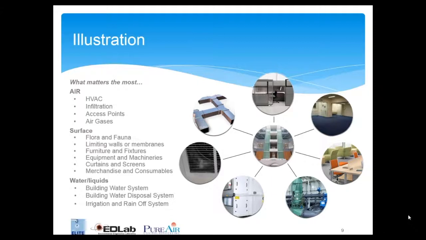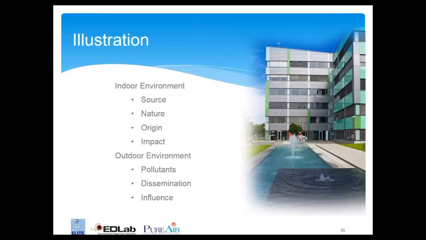The water, liquid, etc. include the building water system, the building disposal system, and obviously the irrigation and runoff system is very important so far as the building is concerned. Now, in the other illustration, if you divide the whole part into two, then there is the indoor factor and there is the outdoor factor, and they sometimes interact with each other.